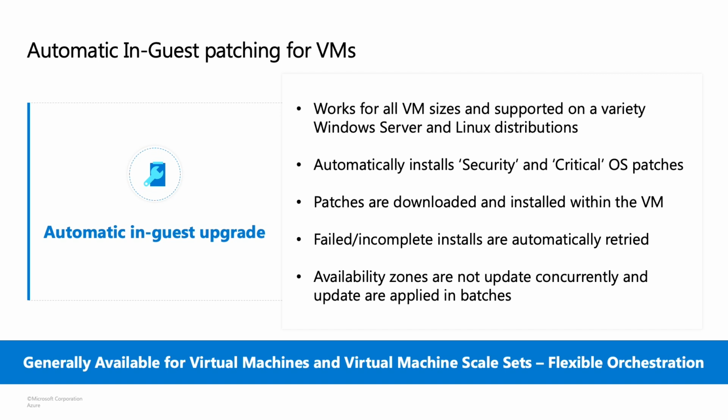What I mean by that is failed updates are retried, so you don't have to take action on those. Azure will retry that for you. We will go availability zone by availability zone and will not concurrently update VMs across availability zones, so that your workload can still work for your customers.